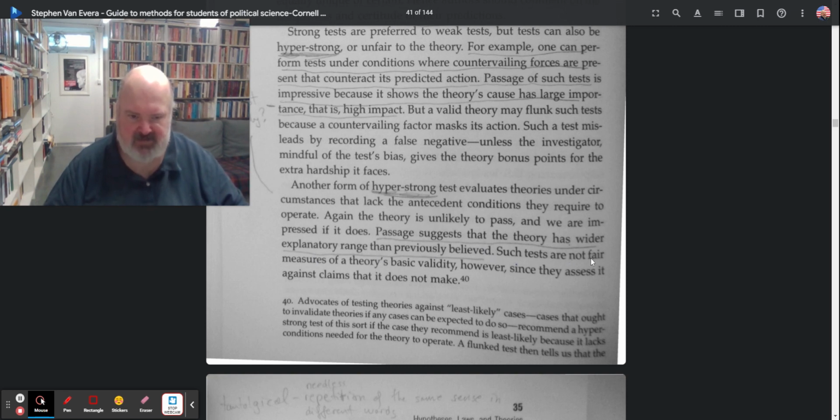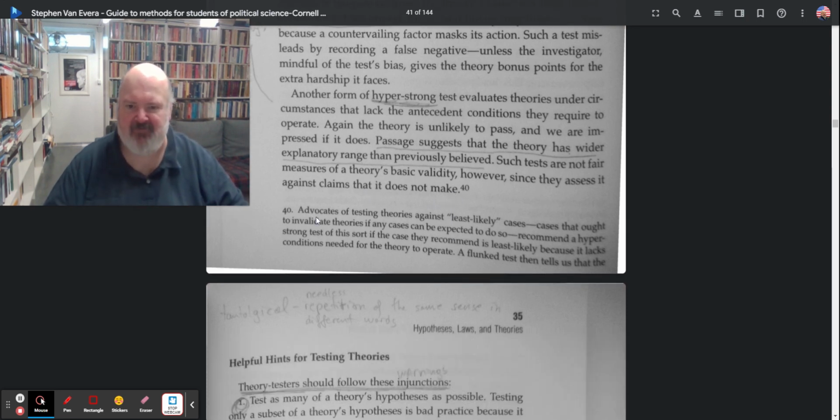Right? Such tests are not fair measures of a theory's basic validity, however, since they assess it against claims that it does not make.